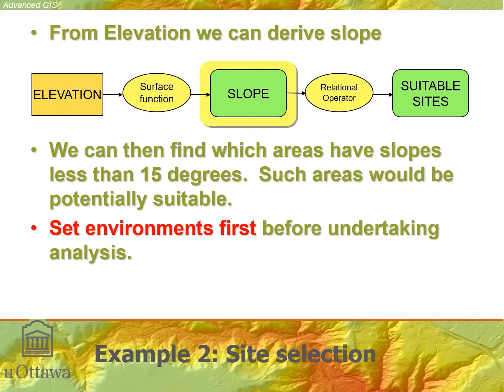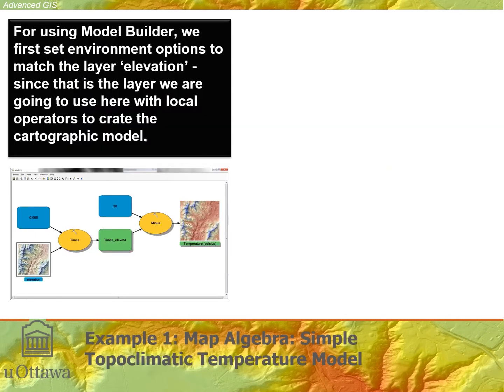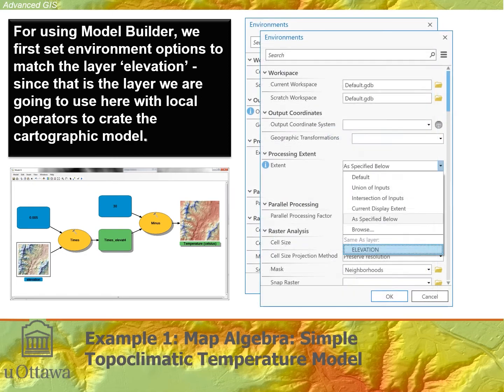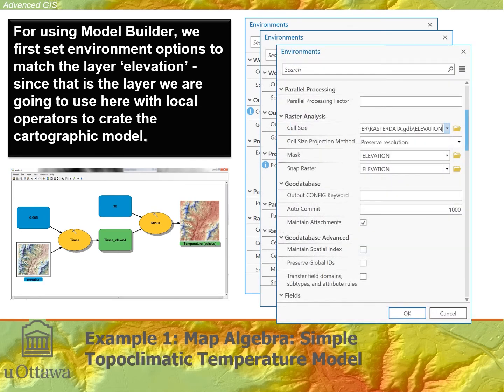So before undertaking anything, remember you need to set your environments. And since we're using a digital elevation model as our single input, we'll set all our environments to that single model. So we'll set the output coordinate system to elevation, the extent to elevation, the cell size, mask, and snap raster all to elevation.